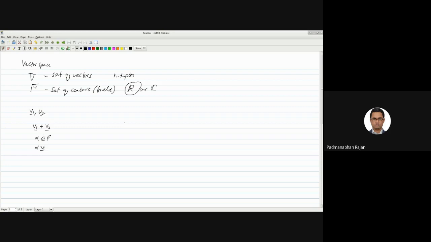Now some of the properties of a vector space: there is closure. That means when you combine two vectors, V1 plus V2, the addition operation is closed.